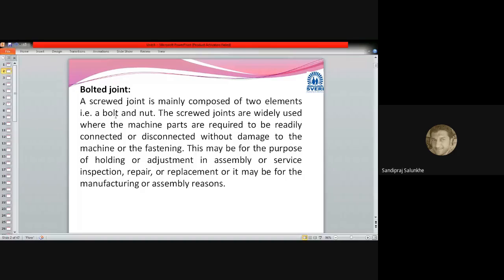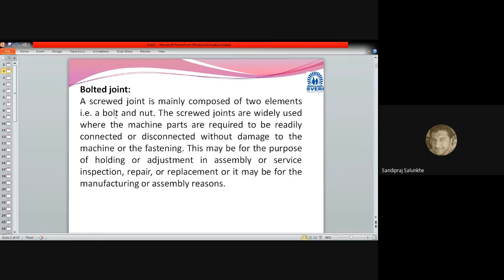Now here I'm saying thread. This thread is one of the major or important parts of this bolted joint. That's why it is also called a threaded joint. In the case of the other joints, that is riveted or welded joints, threads do not come into the picture.